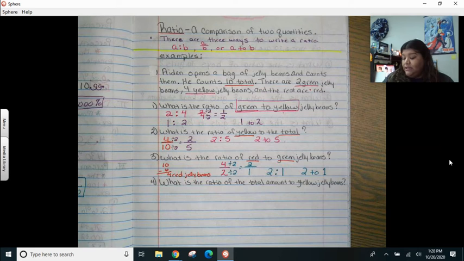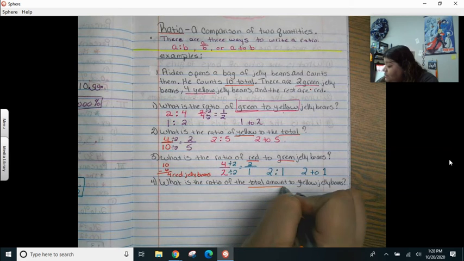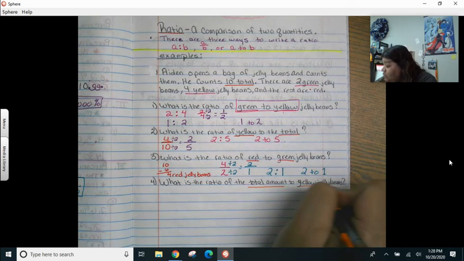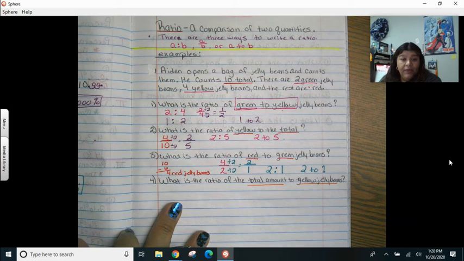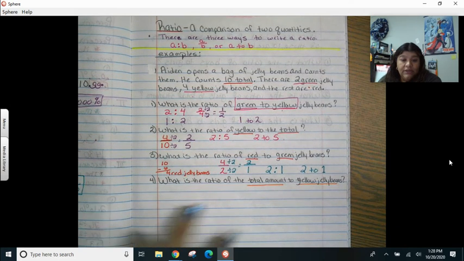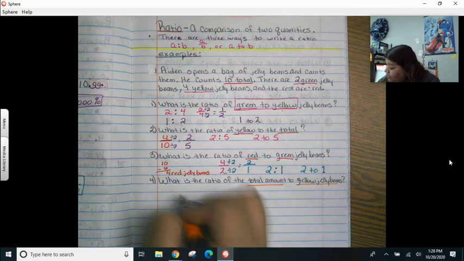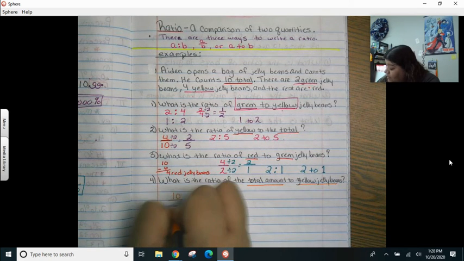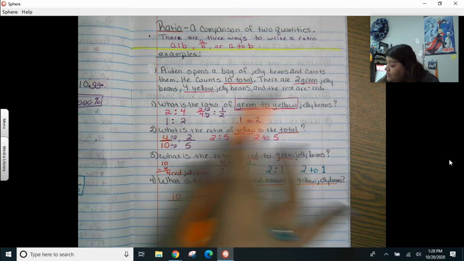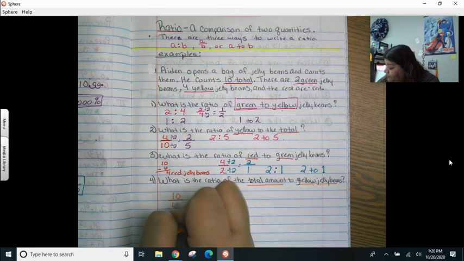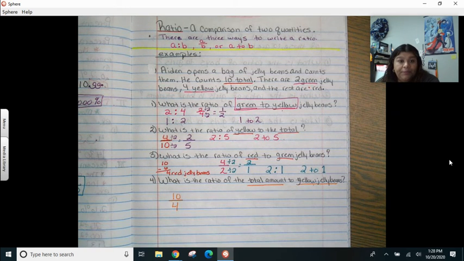Good. Let's look at the last one I have here for you, okay? What is the ratio of the total amount to yellow jellies? Okay, back in our scenario, they told us that the total amount was 10, so that goes first. And the yellow jellies are 4, just like that, 10 to 4.